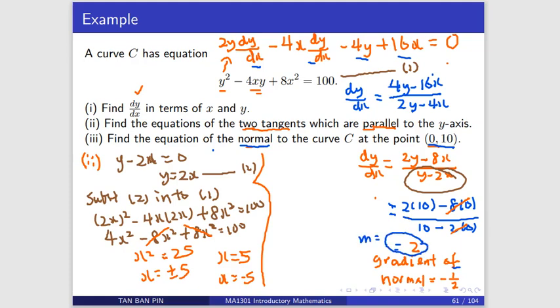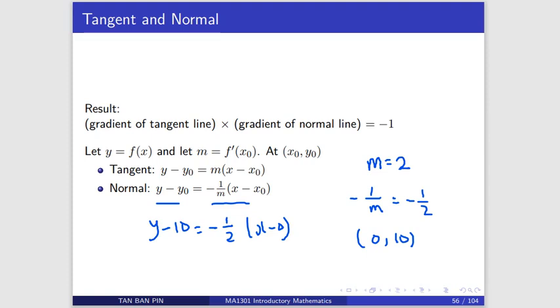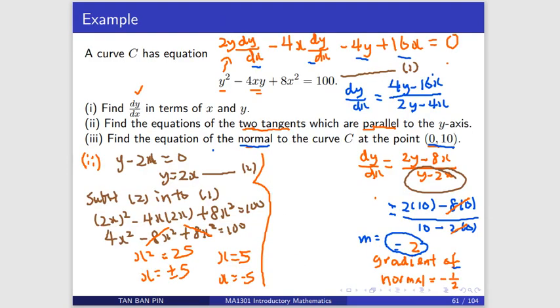And then you just sub inside here. Or you bear in mind minus 1 over m is minus half. That also works. So that means it will be just y equal to minus half x plus 10. x minus 0 is x. So the answer is y equal to minus half x plus 10.